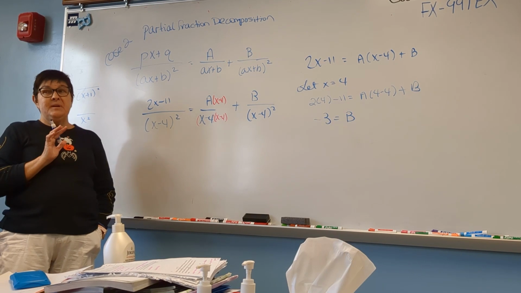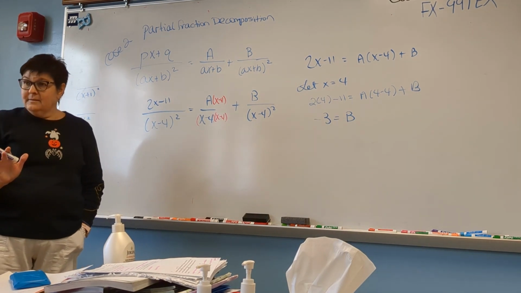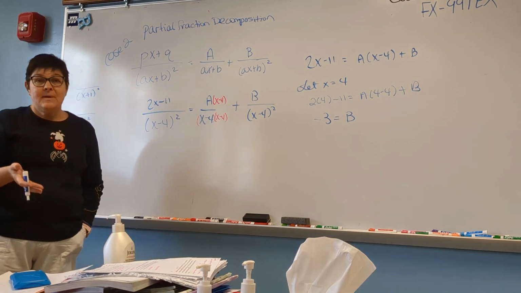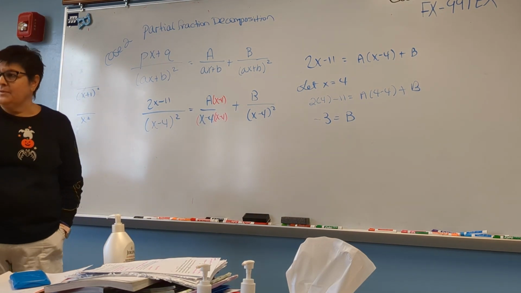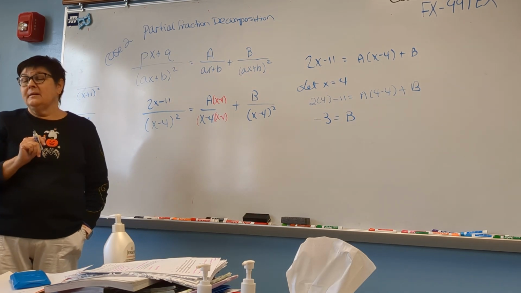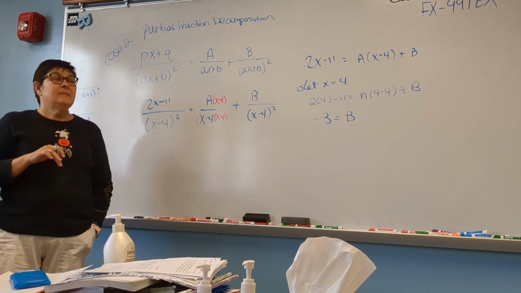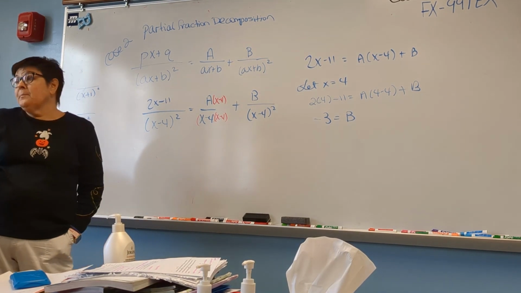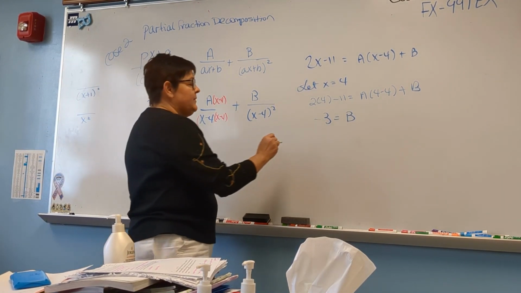So now I'm just going to pick some random x and use the B that I found. If I'm picking a random x, I want to be very nice to myself. What would be the best thing to pick? 0 is correct. I would say 0, last resort maybe a 1. You don't want to pick 1,000 because then you're working with big numbers. So now I'm going to let x be 0.